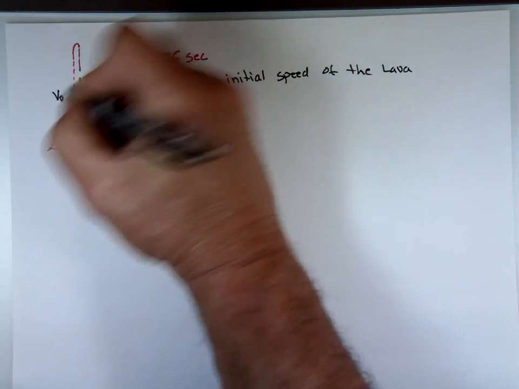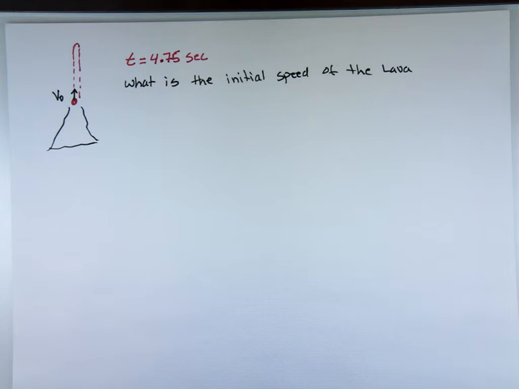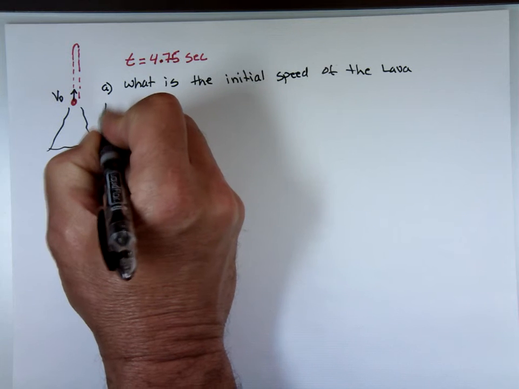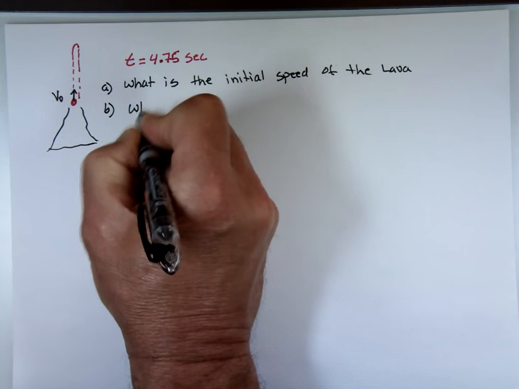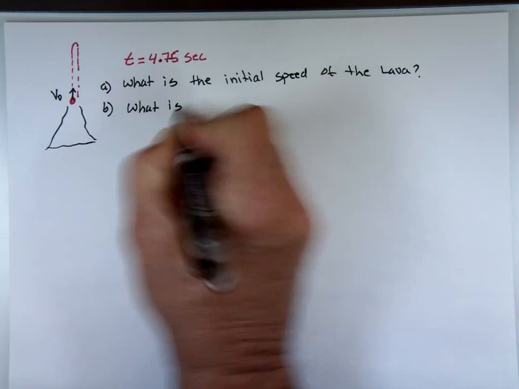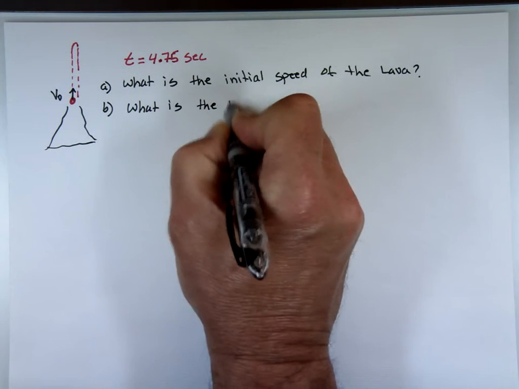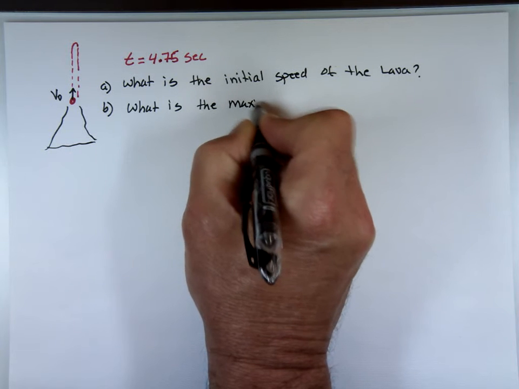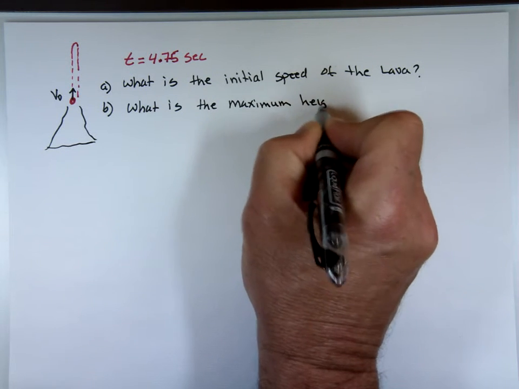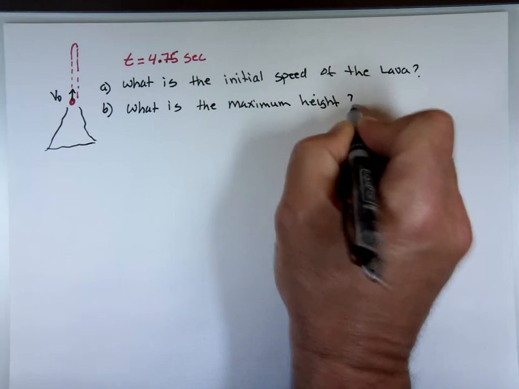That's what we're looking for, initially, when it left that mountain. And you know what? Let me just have fun with it. Part B, what is the maximum height? How high did it go? What's the maximum height?